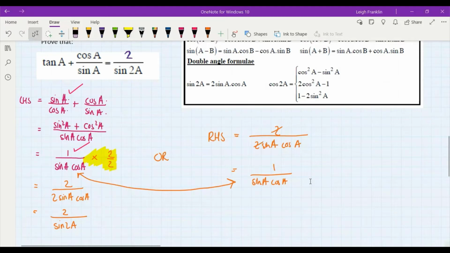Do you remember last year when you were in grade 11, Kulani, you may have done rationalizing the denominator. If you have 2 over root 3, for example, in surds, you came along and you multiplied that by root 3 over root 3. Do you remember? It's the same idea because you're multiplying by 1.